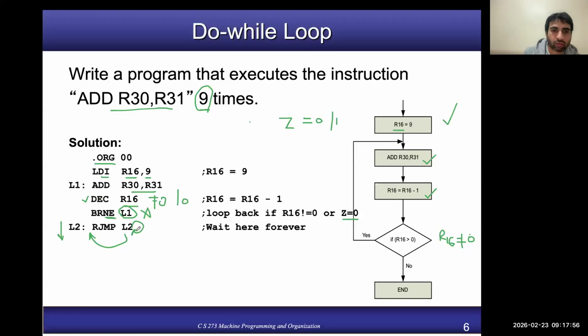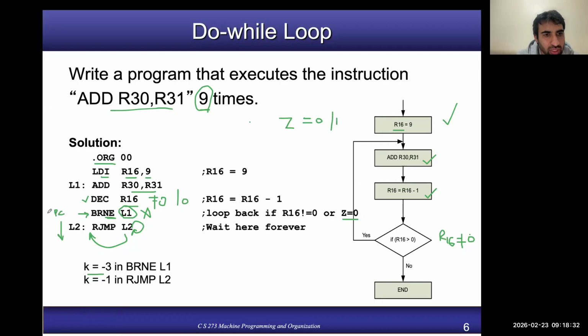Okay, if no questions, there is one more point which let me discuss. What does it mean that K is equal to minus 3 in branch not equal L1? Remember what K was. K is how the value of the PC will be updated. Initially PC is pointing at the current instruction, branch not equal. Let me change the color so that it becomes clear.